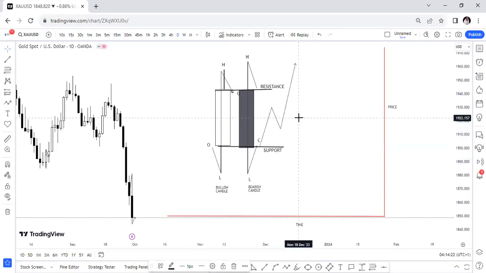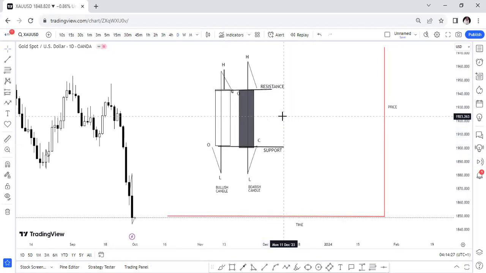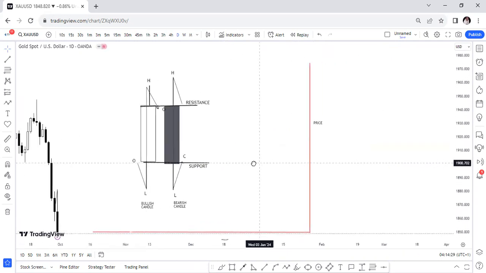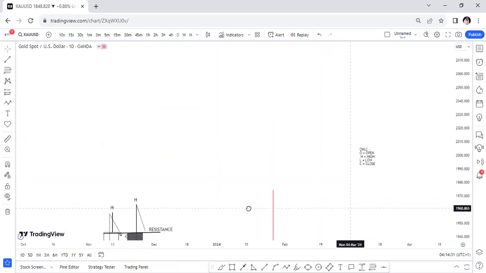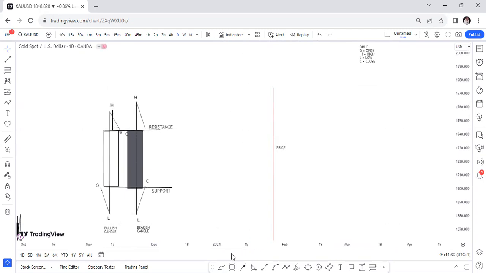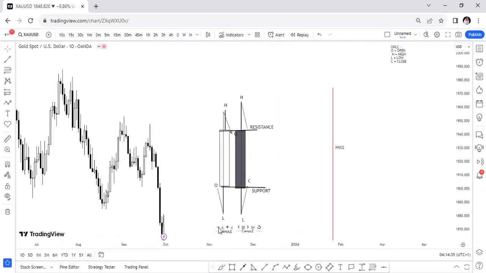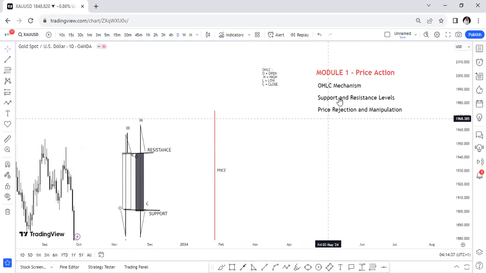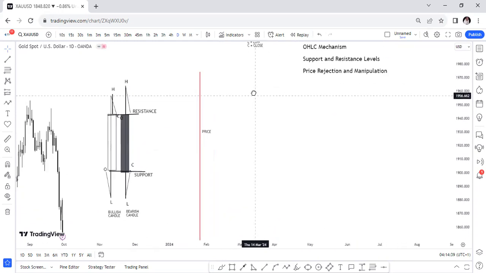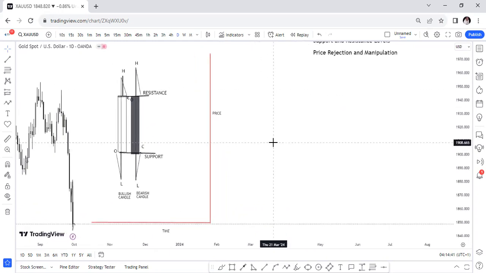I hope you've come to the understanding of support and resistance level now. So we have used this candlestick to explain what we mean by support and resistance level. Then price rejection.